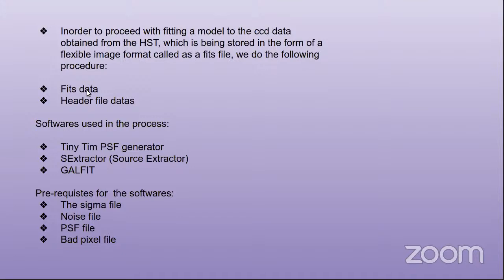The benefit of using archival data is that it is already cleaned data. We need not do the initial processing of cleaning the data. So already the data will be cleaned, and we have the header information. Using this, we are going to run the procedures on the data file to acquire the parameters we need.